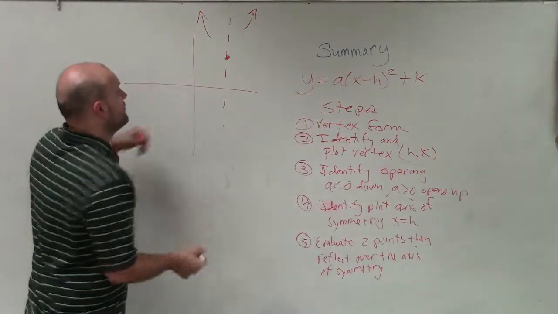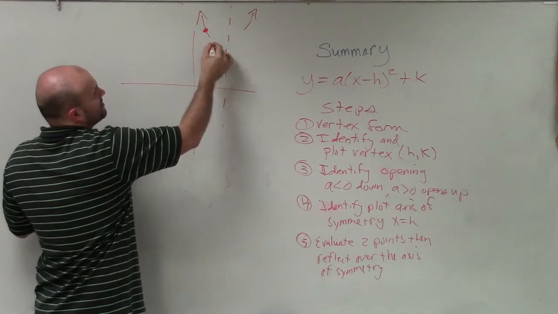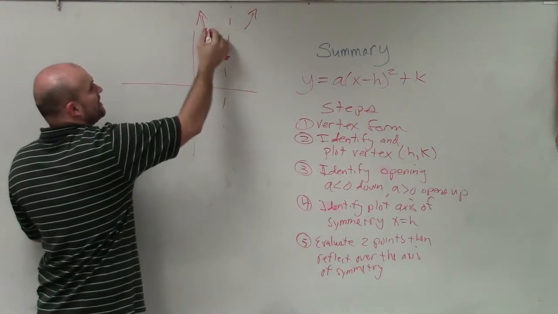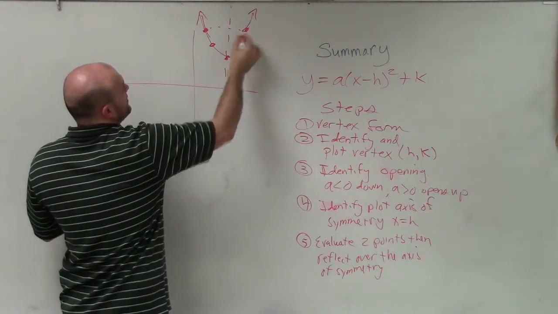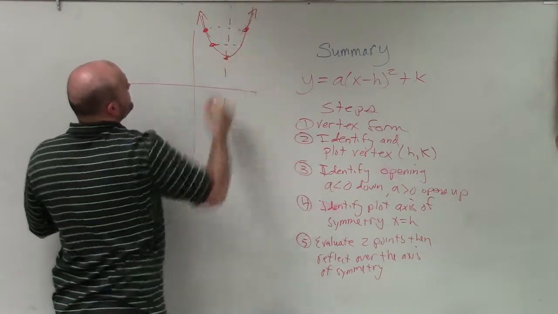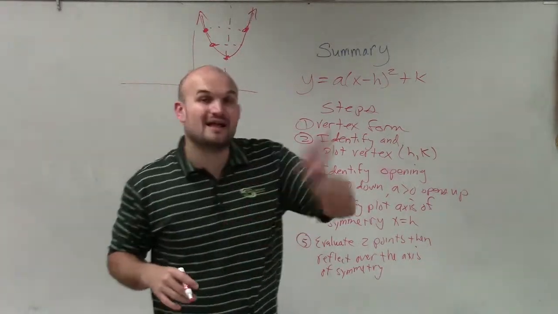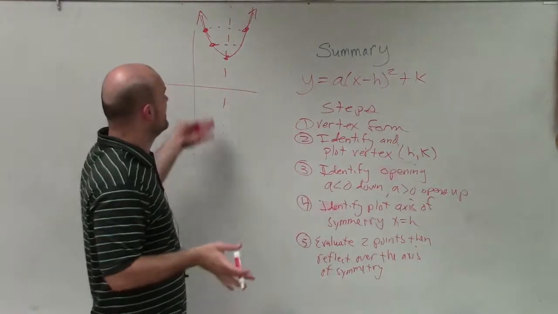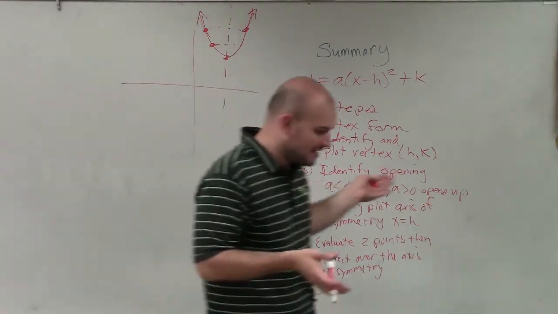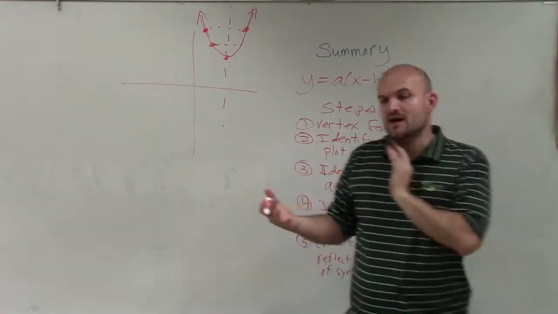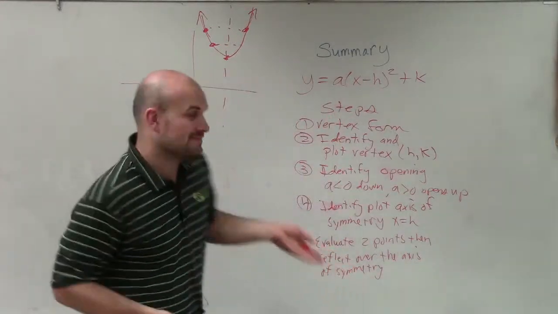So I'd pick these 2 points, plug them into the equation, and then all I need to do is reflect them over the axis of symmetry, because a quadratic is reflexive across the axis of symmetry.